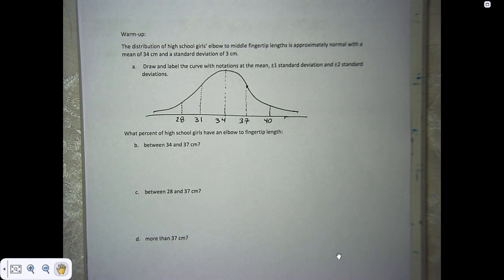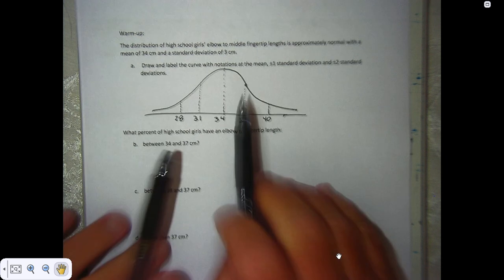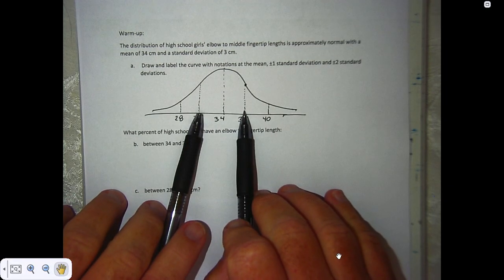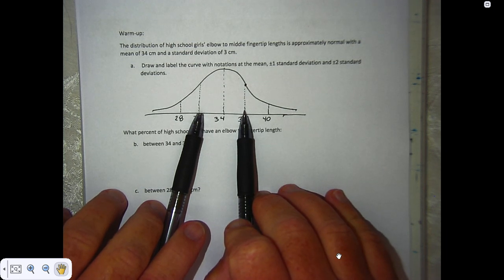Okay, so if we remember, the mean is 34. Between these 2 pins is 1 standard deviation left and right. We're saying that 68% of the data is between the 2 pins.